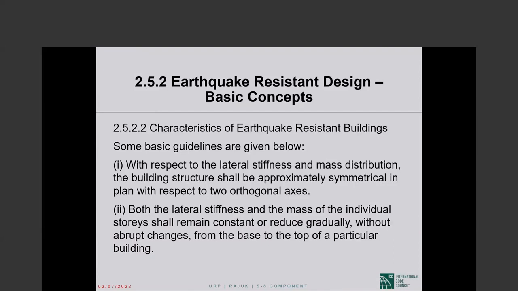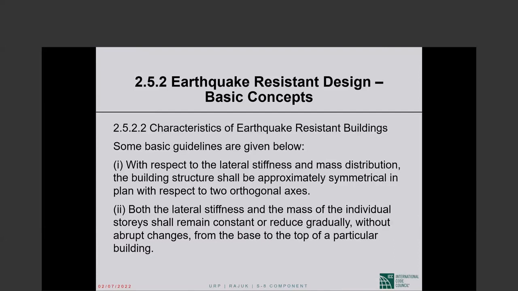So, continuing, some basic guidelines are given below. With respect to the lateral stiffness and mass distribution, the building structure shall be approximately symmetrical in plan with respect to two orthogonal axes, okay, doubly symmetrical.